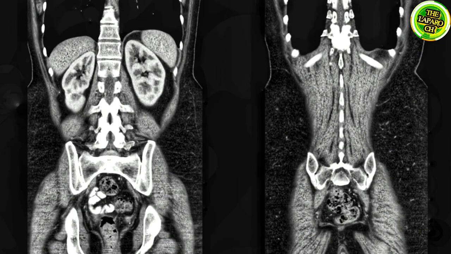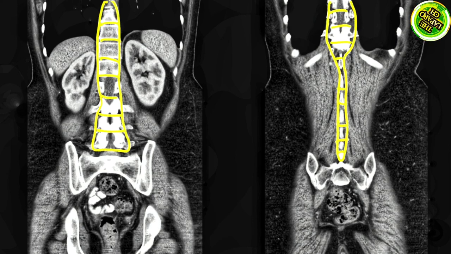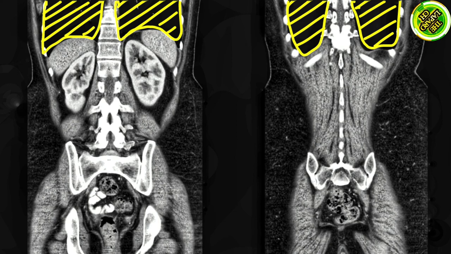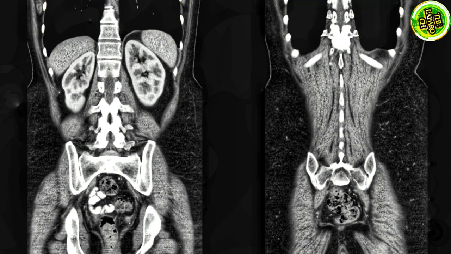These are the posterior most slices of the abdominal CT scan. Over here we can see the vertebral column, the lungs on both sides, posterior part, the liver, the spleen, the kidneys. This area represents the erector spinae muscle.